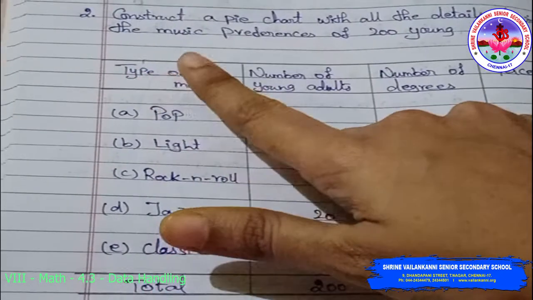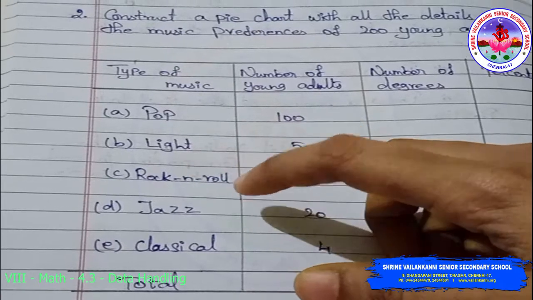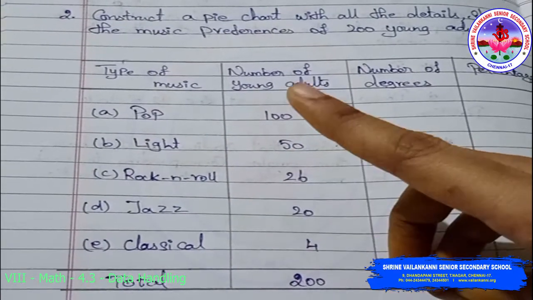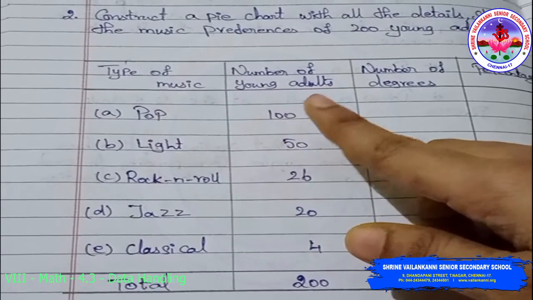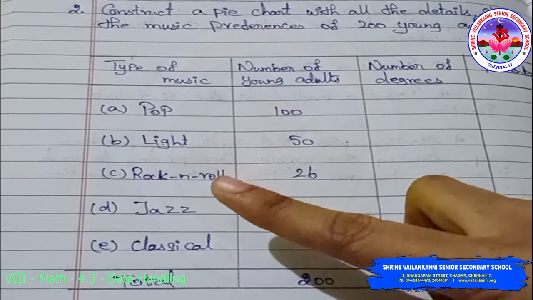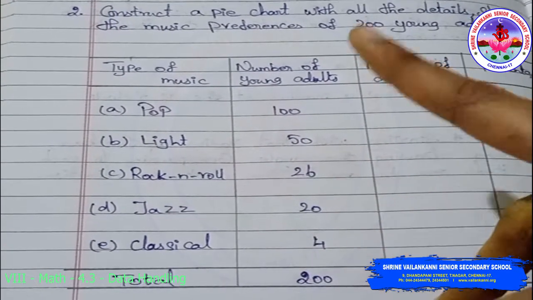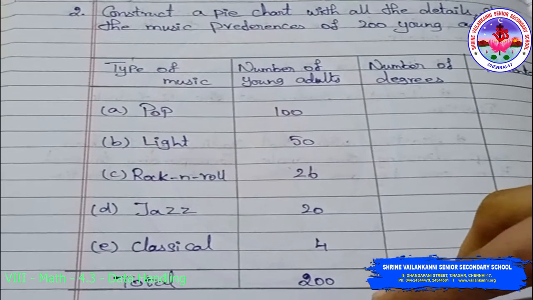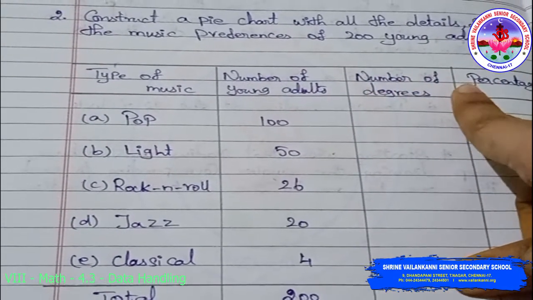Here the first column, types of music: pop, light music, rock and roll, jazz and classical. The number of young adults is pop 100, light 50, rock and roll 26, jazz 20, classical 4. The overall is 200. Now finding the third column, number of degrees.